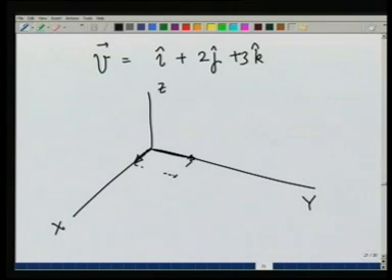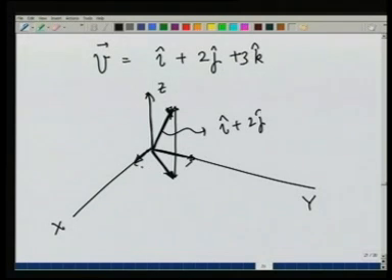So, this would be i plus 2j, and 3k would be of magnitude 3 in this direction. So, up to this point, let us make this vector here, the summation of all 3, this vector would be i plus 2j plus 3k.